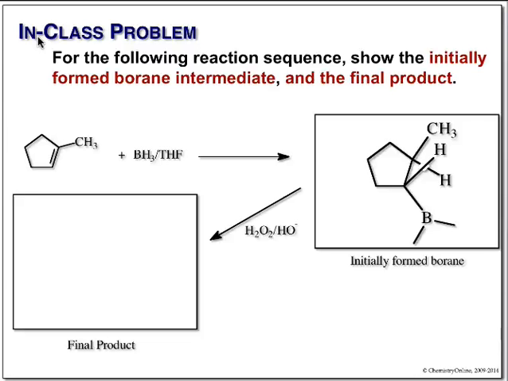The actual magic of the oxidation that gives us this, you don't have to worry about that mechanism either, although it is in the book. But the OH group is simply going to replace the boron exactly where it sits, and our final product is the anti-Markovnikov alcohol. Remember, the hydrogen and the hydroxyl group are on the same side of the molecule.